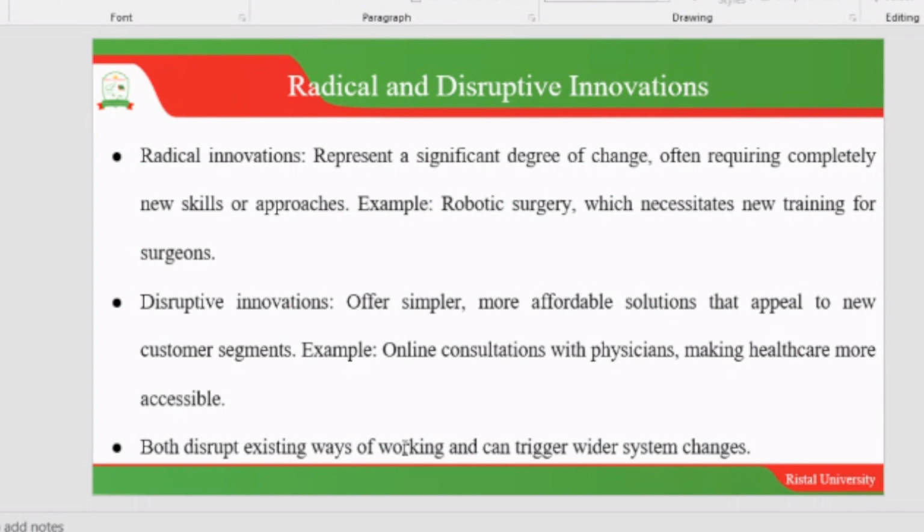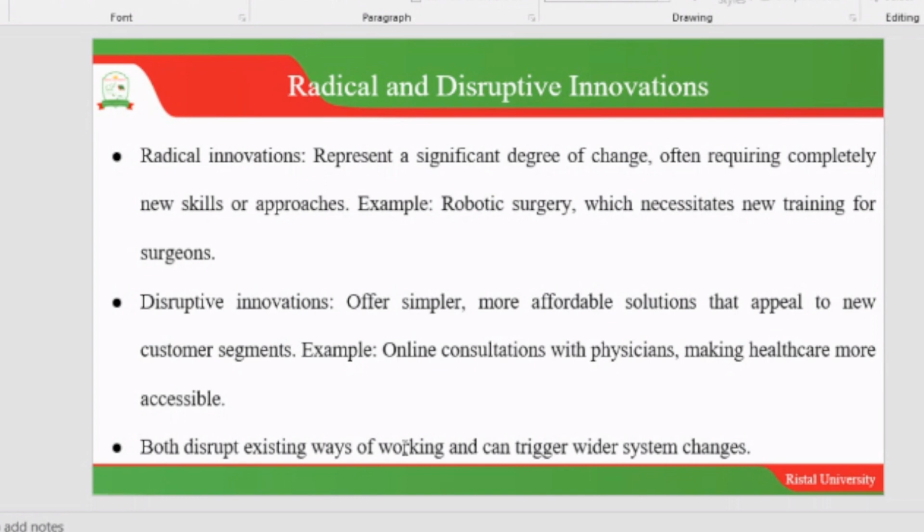So in radical innovation, an example being robotic surgery. When robotic surgery was introduced, doctors do not have to cut a lot of surface area on the patient, but they can use those robots to really make small incisions and then go into the patient to access those diseased organs with the camera through a small incision.